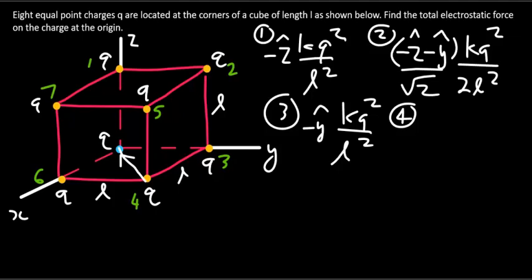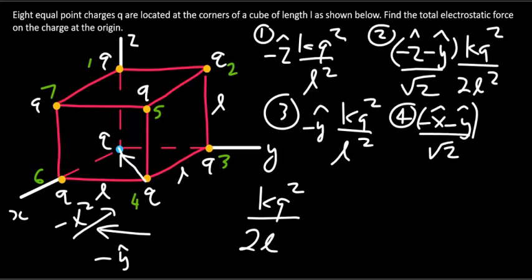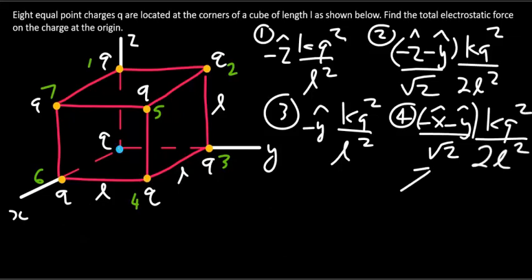So the direction of that vector is minus y hat minus x hat. So the unit vector would be minus x hat minus y hat over square root 2 times the strength. The strength is kq squared over the square of the diagonal distance, which is 2L squared. So there we have the complete expression for the charge number 4 contribution.